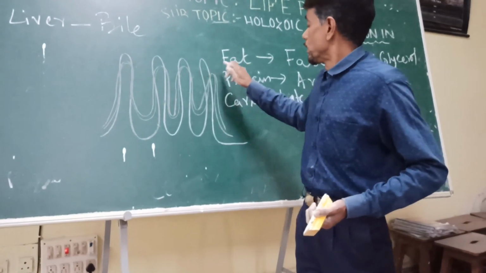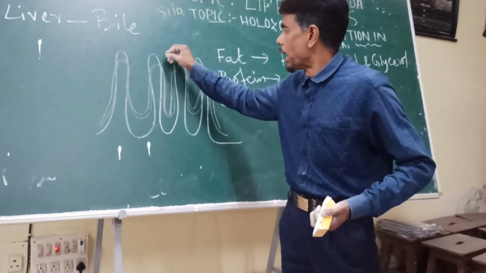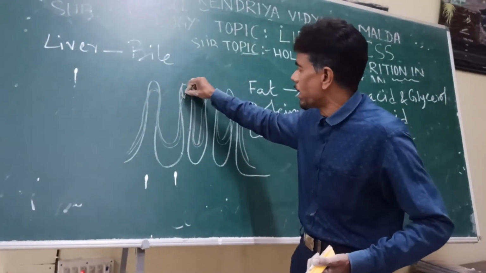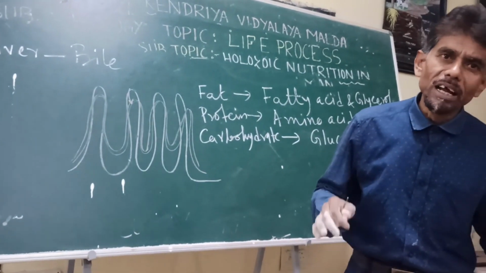So the simplest form of food after digestion will be absorbed by the villi, and that is called absorption. It goes into the blood, and ultimately the nutrients will be assimilated.